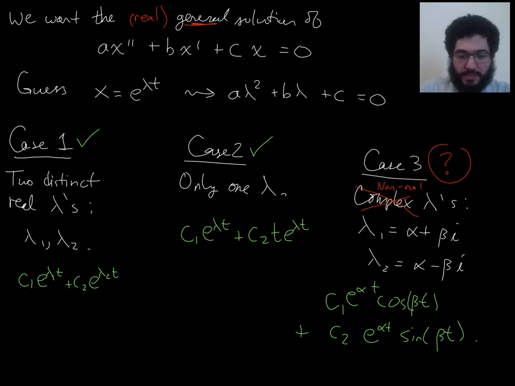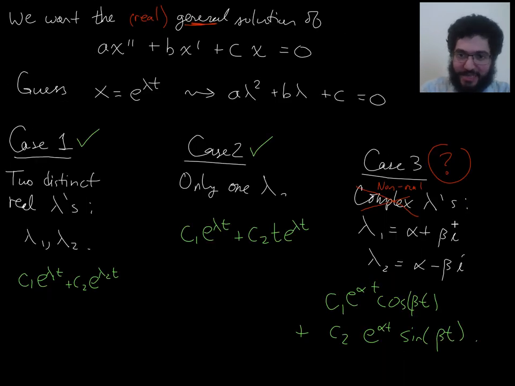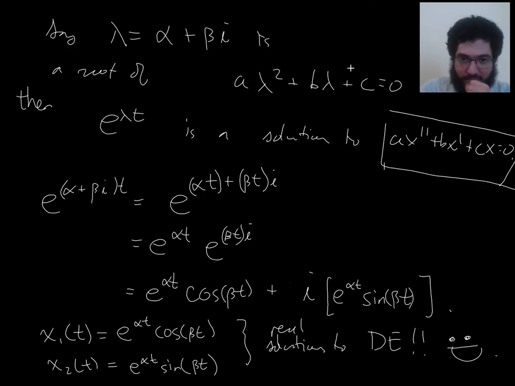So now probably some of you are wondering, what about the other complex solution? Like here we have two lambdas, alpha plus beta i and alpha minus beta i. I seem to only have used alpha plus beta i, right? So going back here, I used alpha plus beta i, and then I took the real and imaginary parts, and those are my two real solutions. But what about alpha minus beta i?